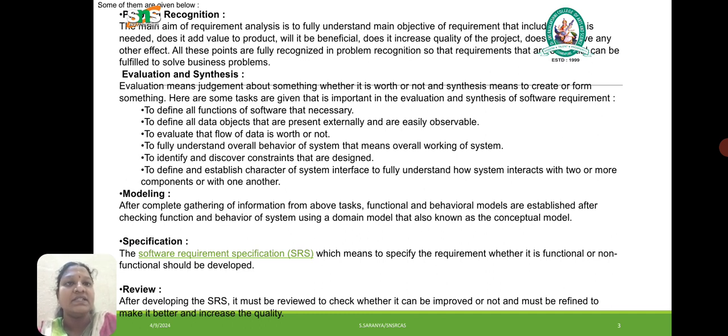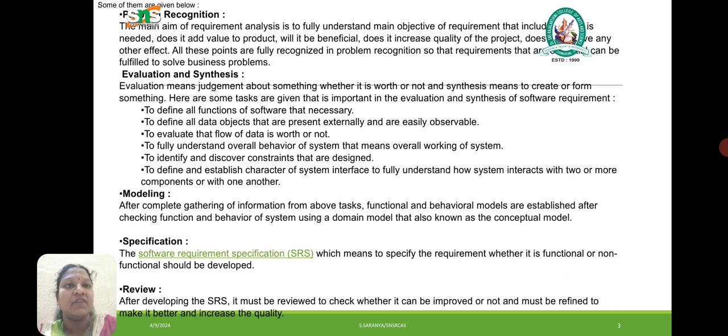Evaluation means judgment about something, whether it is worth it or not, and synthesis means to create or form something. Here are some tasks that are important in the evaluation and synthesis of the software requirement.